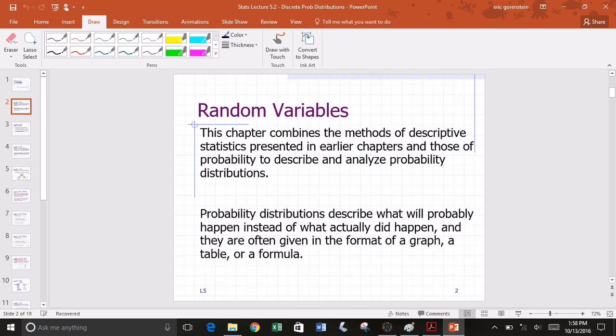So the first one is the concept of a random variable. So we're going to be talking about, in general, two different types of probability distributions, the discrete and the continuous. Discrete and continuous probability distributions we deal with in very different ways.